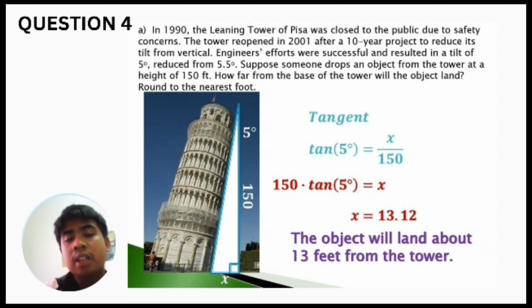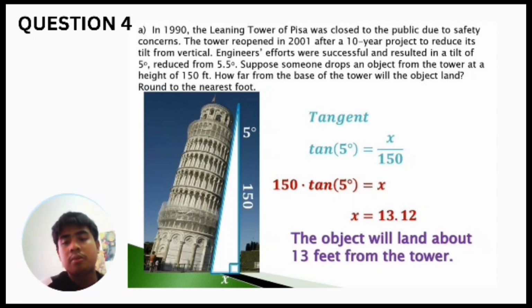And we can use TOA, because I don't think the other formulas are suitable. So now we have opposite over adjacent, where we don't have the opposite value. The opposite value is the distance from the base of the tower to the landing of the object. And we have the adjacent side, which is 150 feet, the height of the tower.